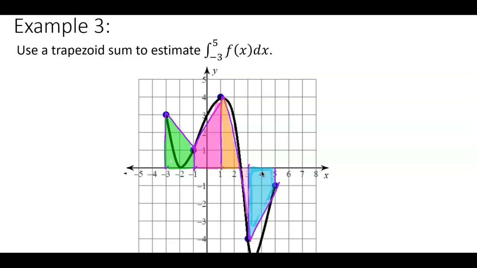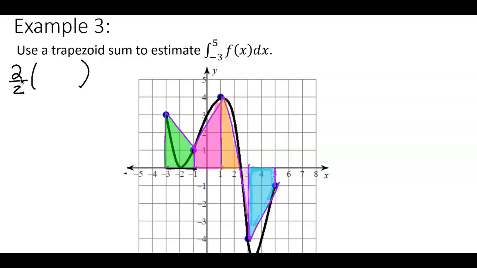Okay? All right, so let's go ahead and do this. We need to find the area of each one. So it's half the height times the sum of the bases. So for my green trapezoid here, the height is the distance from here to here. So what's the height? 2.